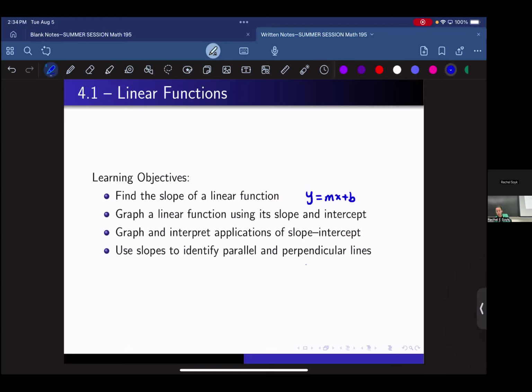And so to foreshadow this last objective, all parallel lines, this is my short script for parallel, have the same slope. Famous fact.